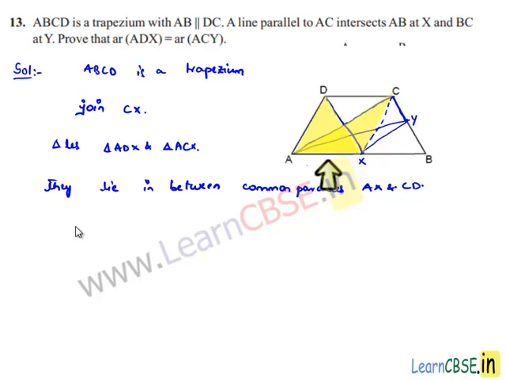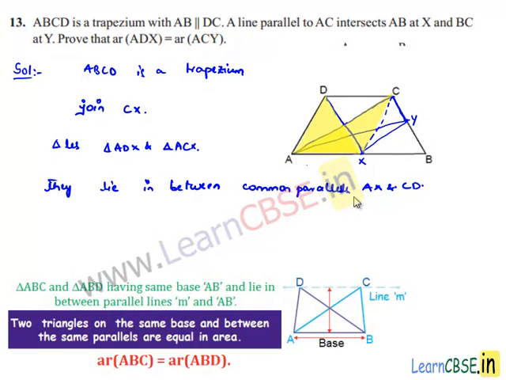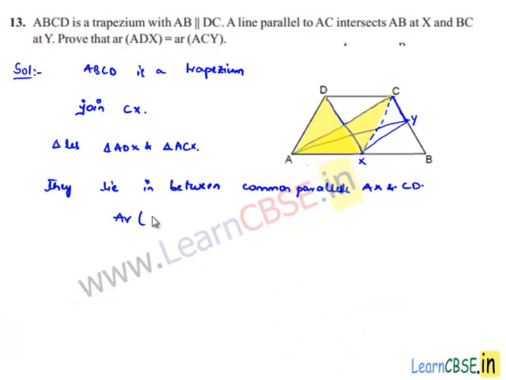Therefore, we can say that the areas of two triangles lying in between the two common parallels and having equal base length will have equal areas. Therefore, area of triangle ADX is equal to area of triangle ACX. Let it be equation number 1.